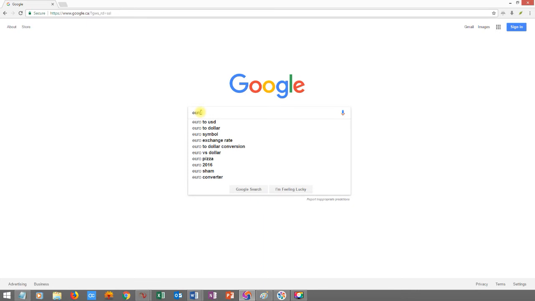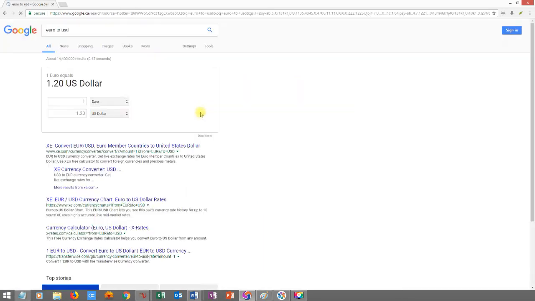Euro to USD we'll start with, and it's 12.5, so about 15 bucks US.